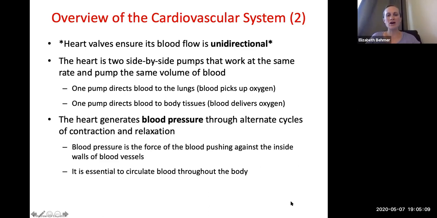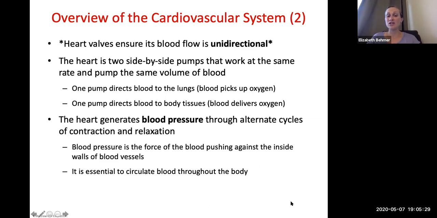So if you think about the heart like 2 side-by-side pumps that work at the same rate and pump the same volume of blood, 1 pump on the right side directs blood to your lungs, where the blood will pick up oxygen, and the other pump on the left side of the heart directs blood to all of your body tissues, where it will deliver that oxygen.